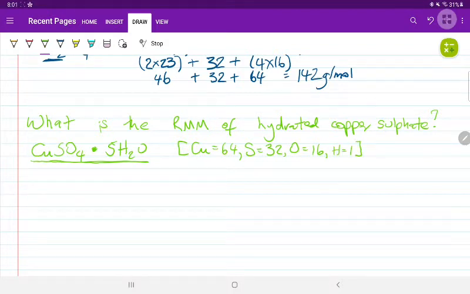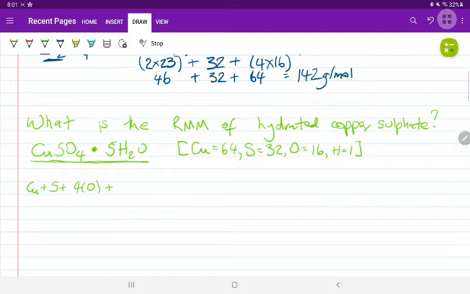So how are we going to do this? Well, we have copper plus sulfur plus 4 times oxygen. Now, this section over here, you can either merge the oxygens together or you can just work it out separately, but you have to add everything together.